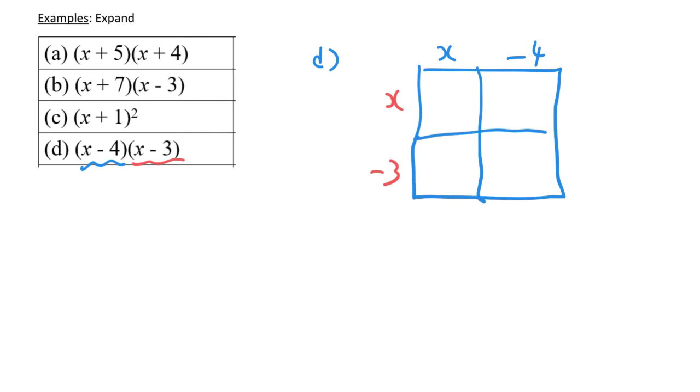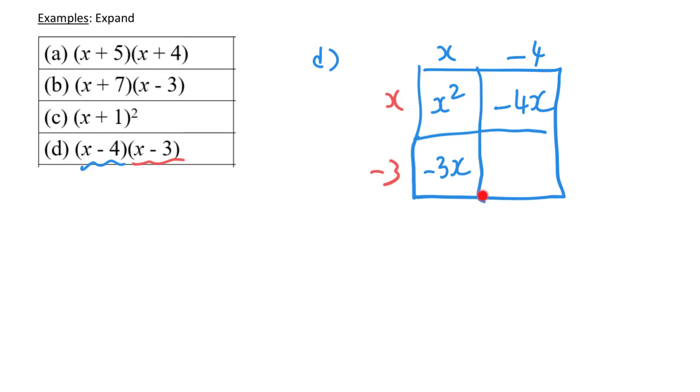So we're looking for the area of these, so we've got x multiplied by x, and that gives us x squared. Then the next one, it's minus 4 wide and x deep. And if we multiply those, we get minus 4x. Then we've got a depth of minus 3 and a width of x. So that's going to give us an area of minus 3x.